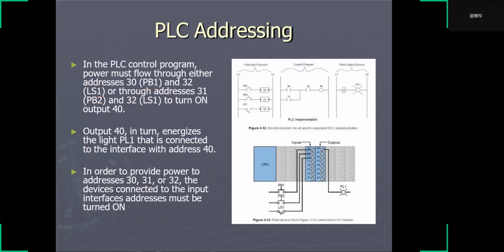Output 40 energizes the pilot light PL1 that is connected to the interface with the address 40. In order to provide power to address 30, 31, or 32, the devices connected to the input interface addresses must be turned on.